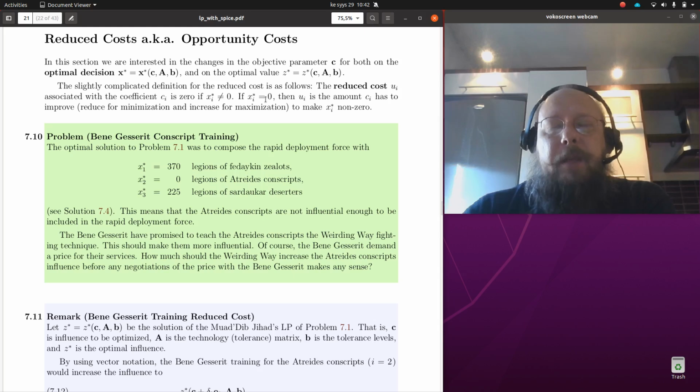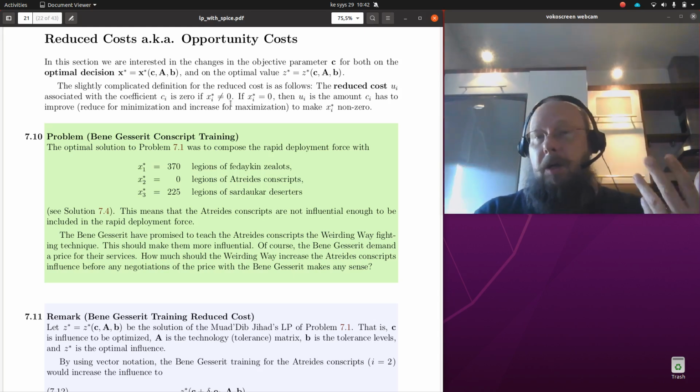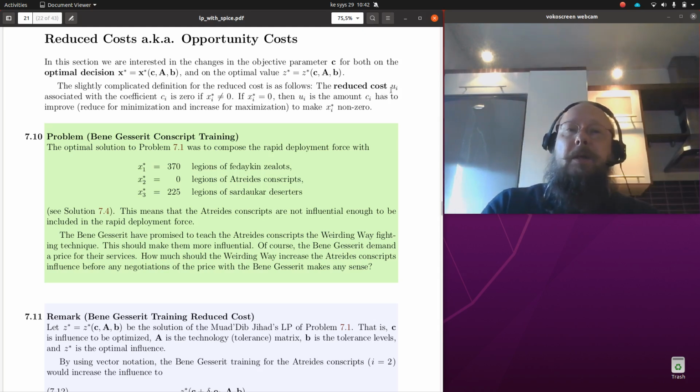They are too cheap, so c_i is not big enough and we have to increase it. And the question is, how much do we have to increase the price of the Harkonnen cake to make it profitable for us to bake them, so to make this x_i star, or x_3 star in this case, non-zero? Again, the amount is the reduced cost associated with this variable.